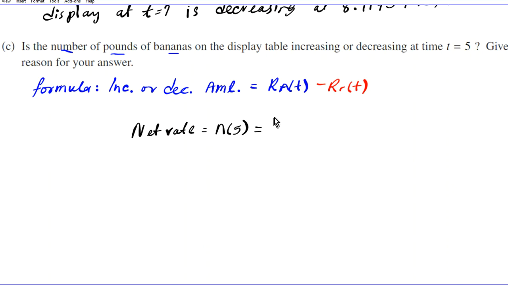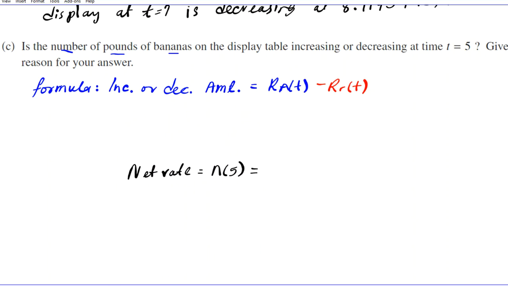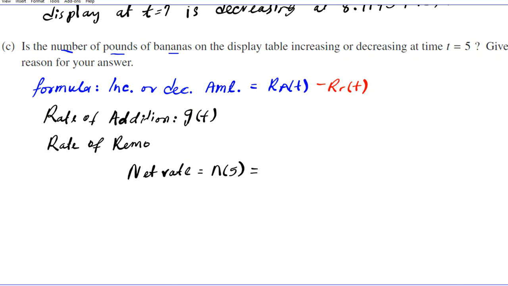So that's going to be the rate of addition of bananas to the display is g. Okay, so let me specify those before I start my calculations. So we have rate of addition is g of t. Okay, and then rate of removal is f of t.